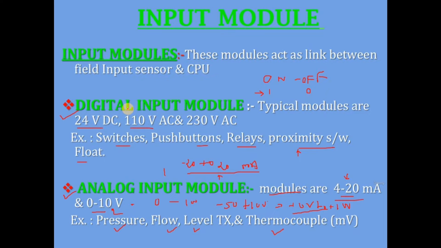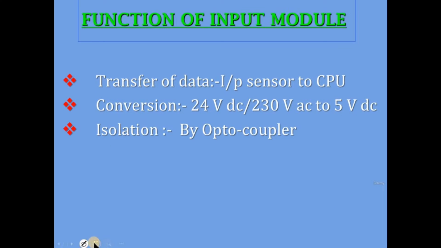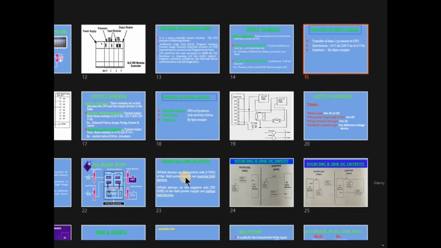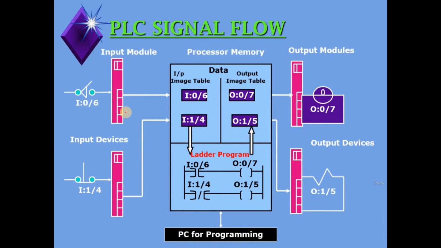Basically, the input module is the link between the field input device or sensor and the CPU, right? In the previous session we already discussed these things. Here you can observe the PLC signal flow.